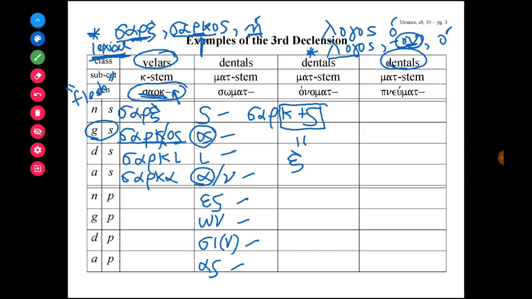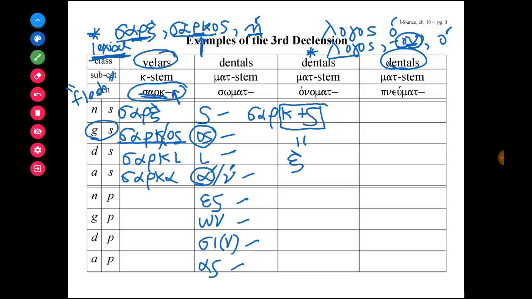Now, we've learned that the accusative singular can use an alpha or a nu, depending on what type of noun is being used. For the velars, they tend to use the alpha, and that's why we're using that for the accusative singular.